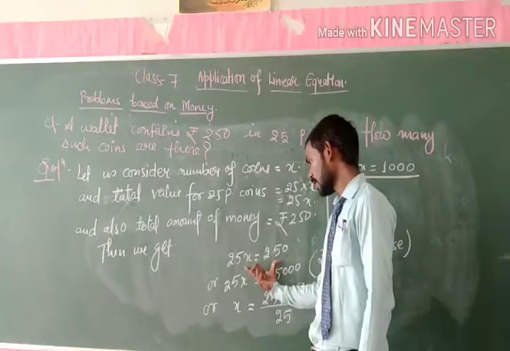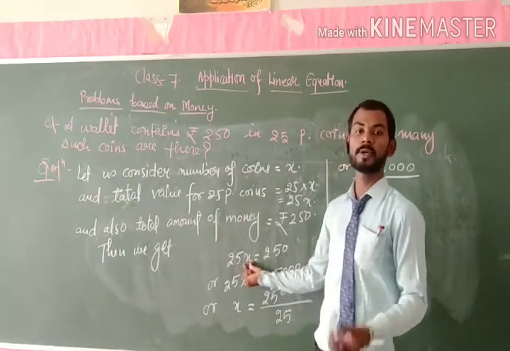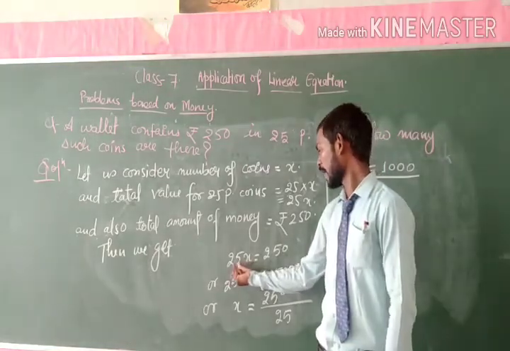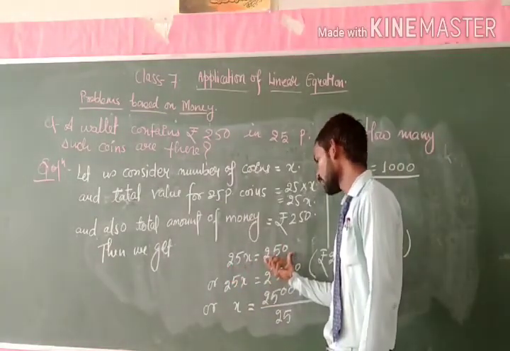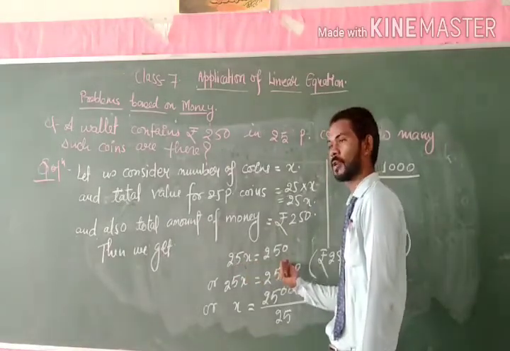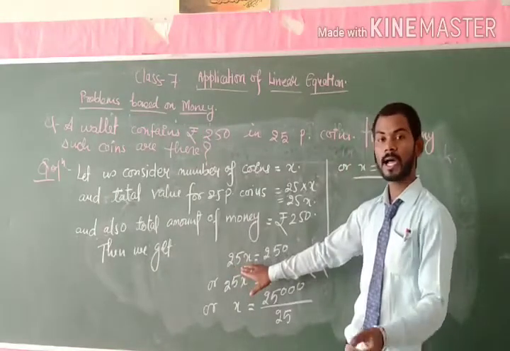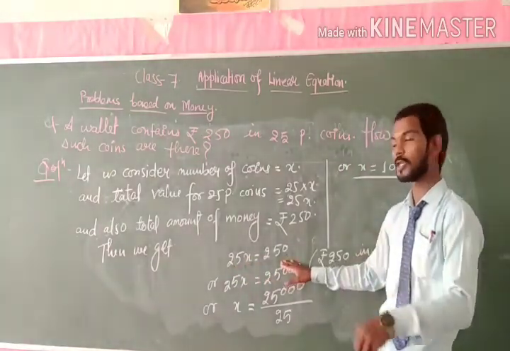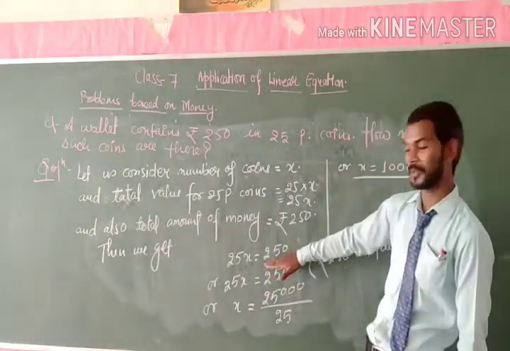Why do we write the equality here? Because we suppose that the total number of coins in the wallet is x and they are all of 25 paise, which is equal to the 250 rupees. Therefore 25x is equal to 250. Here 25x is in paise and 250 is in rupees. So we have to convert rupees into paise.